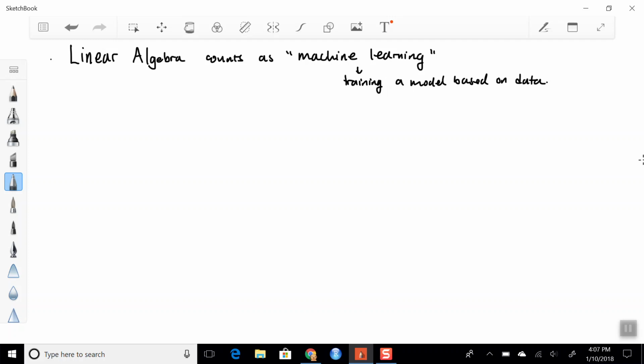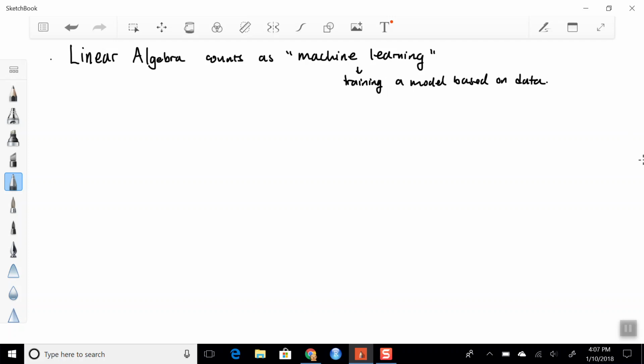And so linear algebra counts because you're taking your data, your pairs of x and y coordinates, and you're using that to estimate parameters beta 0, or in the textbook notation, w0 and w1, for the intercept and the slope.